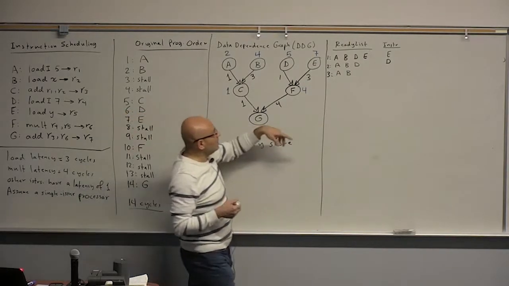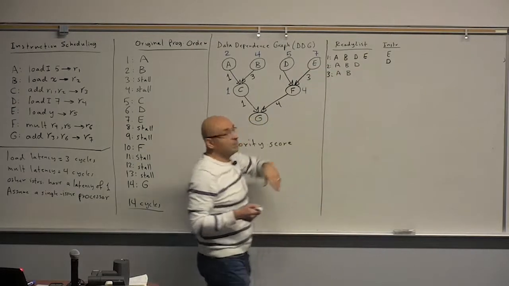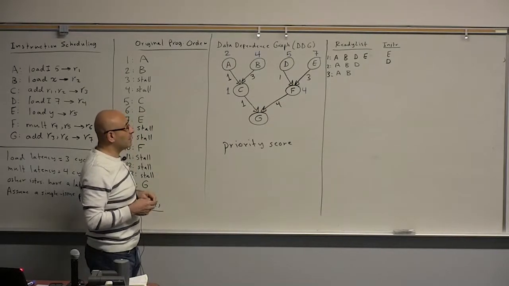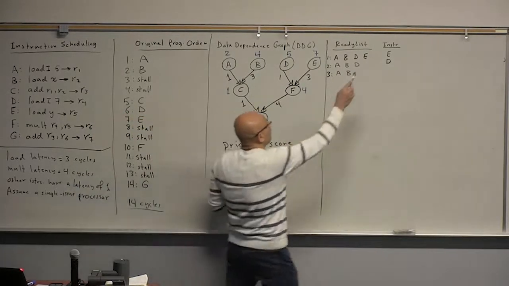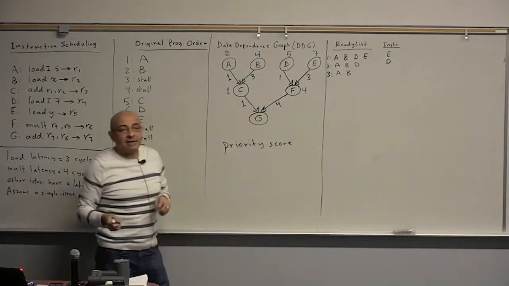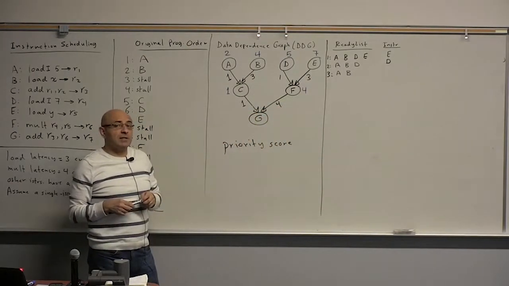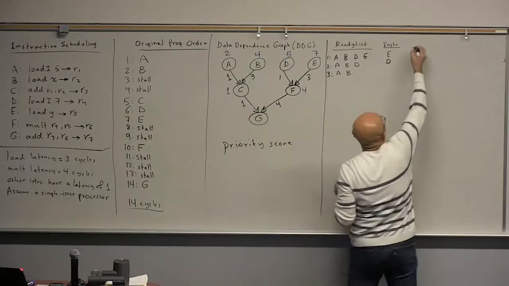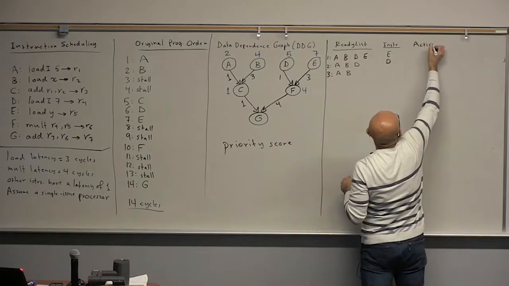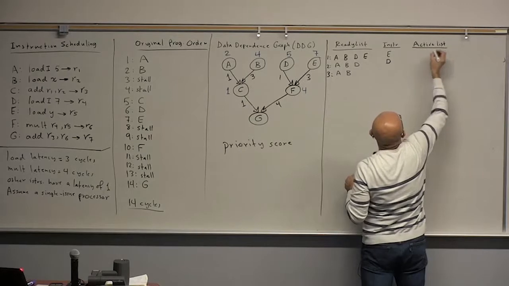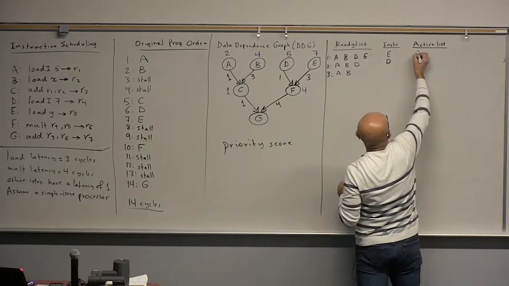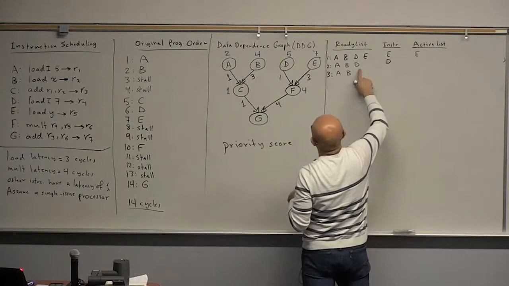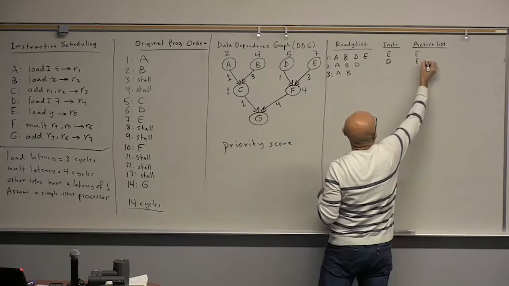For E, we started it in cycle 1, and its results will become ready in cycle 4. So in cycles 1, 2, and 3, E is active. One way of solving this is to create another list, the active list. The active list will have E, and after scheduling D, E and D are active.